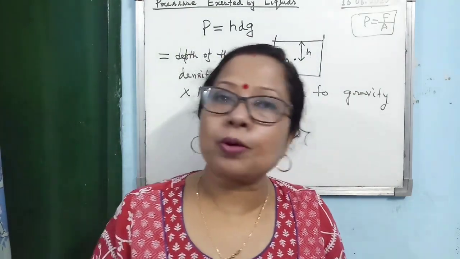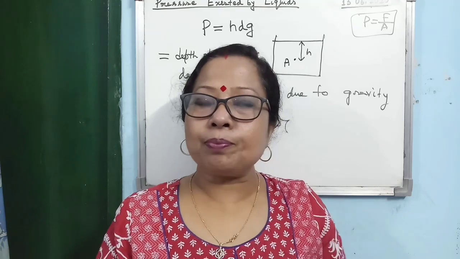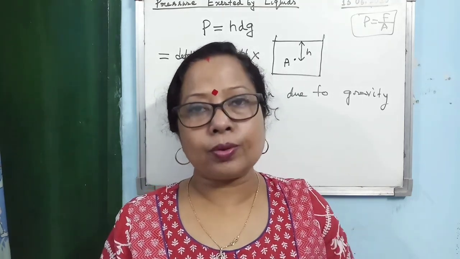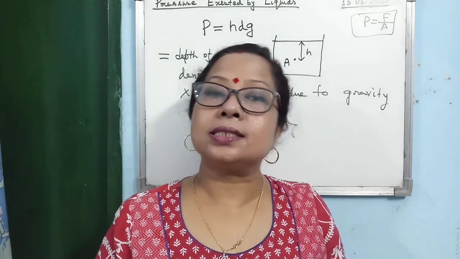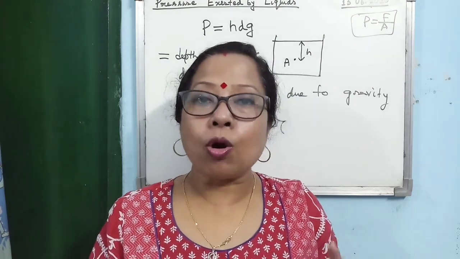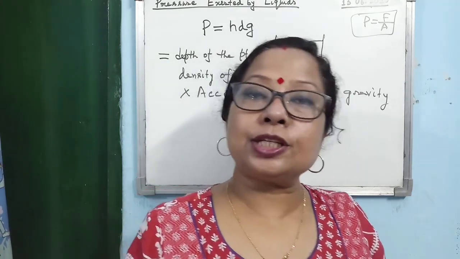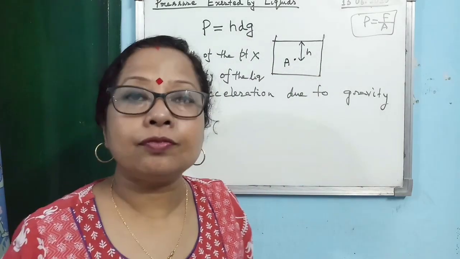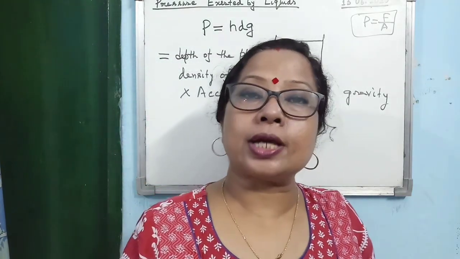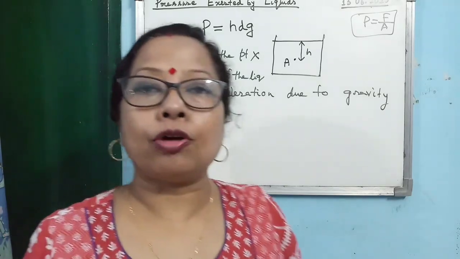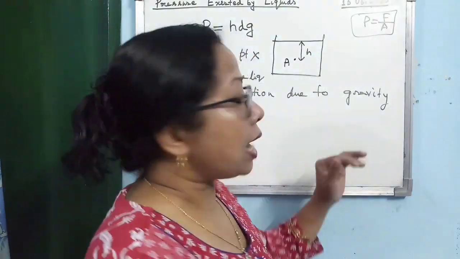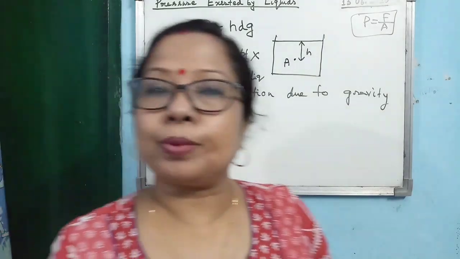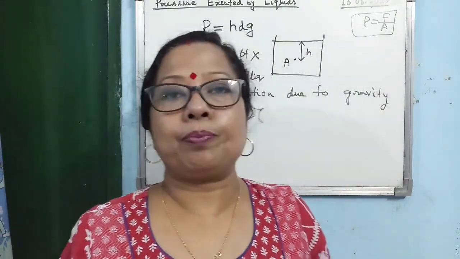The first point of difference: solid pressure acts in the downward direction on the surface of contact, whereas liquid pressure acts in all directions. Solid pressure depends on the area of the surface, and liquid pressure is independent of the area of the surface. These are the two basic differences between solid pressure and liquid pressure.